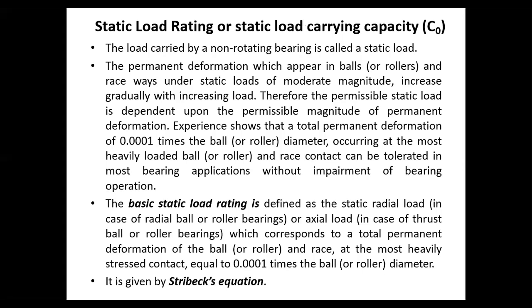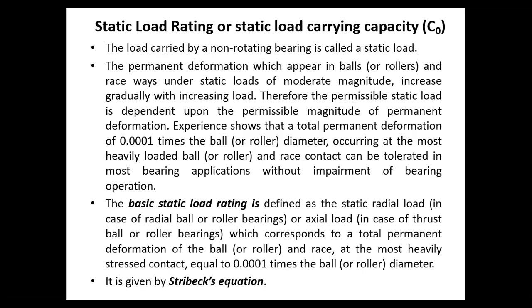The basic static load rating is defined as the static radial load or axial load which corresponds to a total permanent deformation of ball and race at the most heavily stressed contact equal to 0.0001 times the ball diameter.